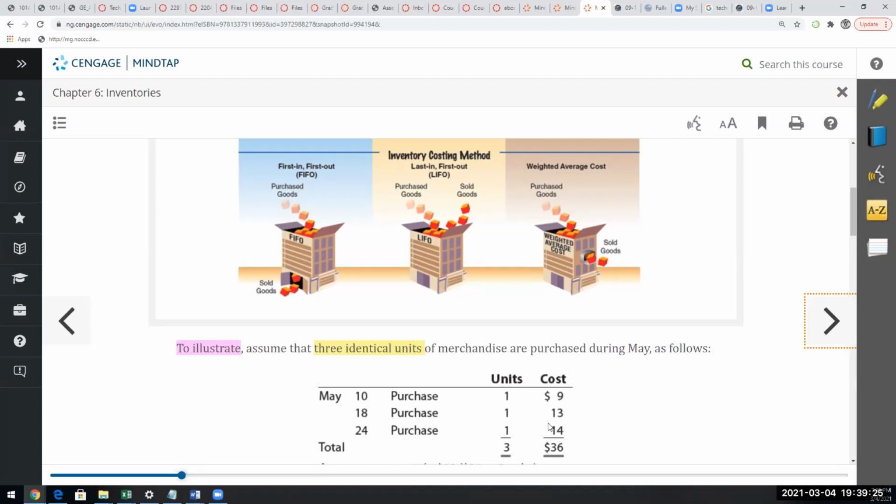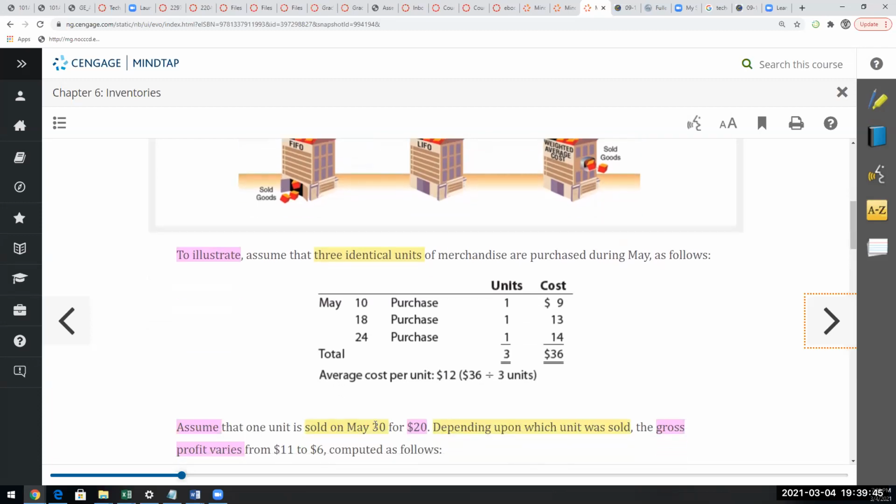The problem comes when you sell one of those three, which one of these identical units did you sell? The $9 one, the $13 one, or the $14 one? And it matters. And let me tell you why it matters. Because if you assume that you sold each of these things for 20 bucks, okay, that's what you're going to charge for, the cost of goods sold for the first item is $9.